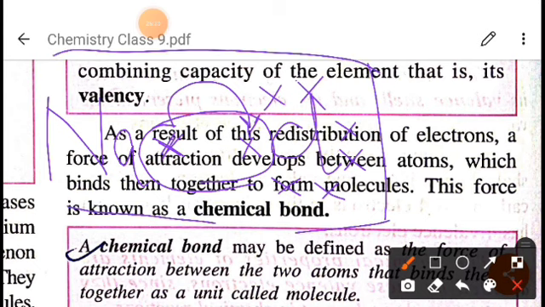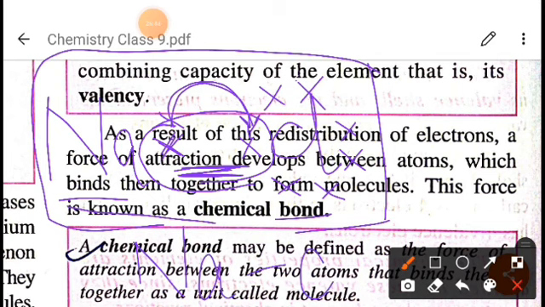This force of attraction combines these two atoms, and that force is known as a chemical bond. It is shown like this, NaCl.